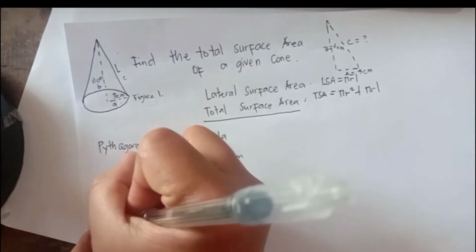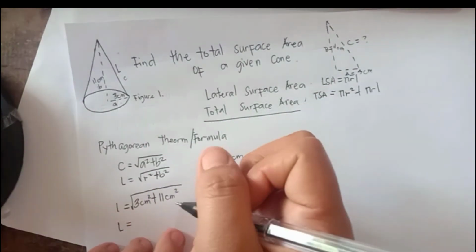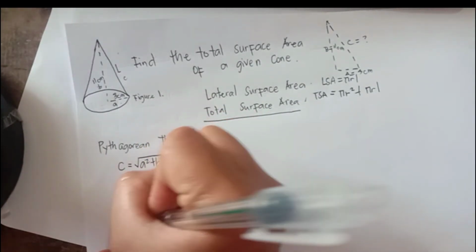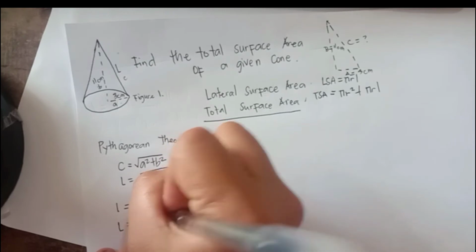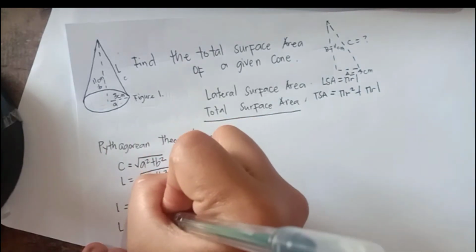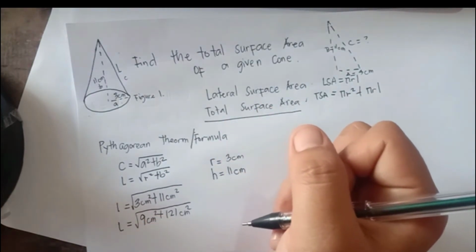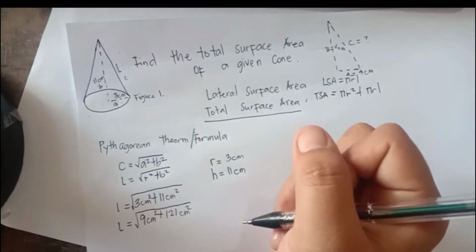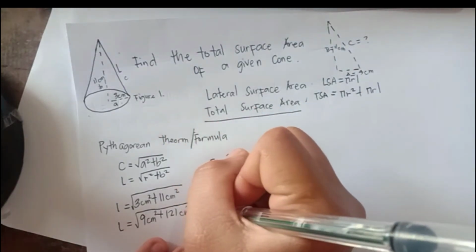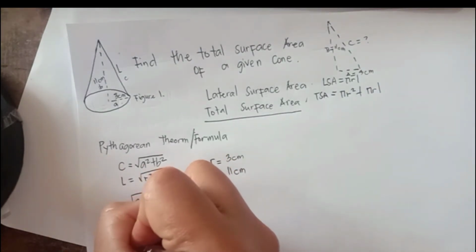Okay. Now, how to simplify it? So, we have to simplify. Magiging 9 cm squared plus 121 cm squared, square root of 9 cm squared plus 121 cm squared. Now, para makuha natin tong squared, to cancel out the squared and the square root, we have to simplify it.